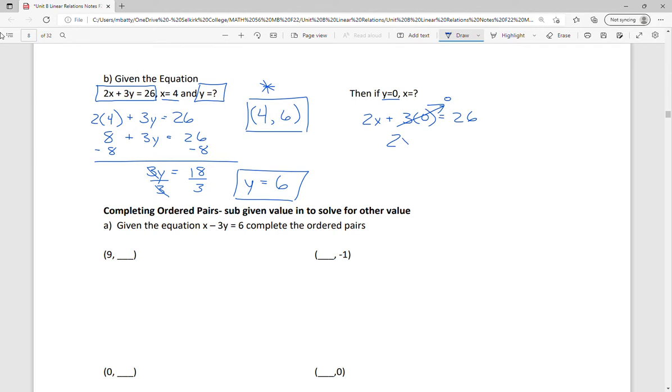So I'd have 2x equaling 26, way quicker to solve. I'd get that x equals 13. And again, that answers the question, but kind of overkilling it, what I've got is 13 and 0 as an ordered pair is a full solution to this linear equation, or I could say it's a point on the line.